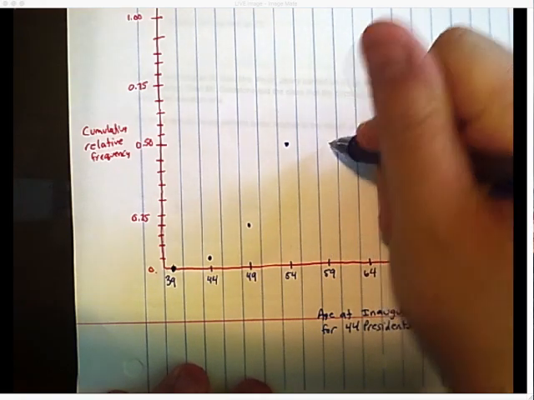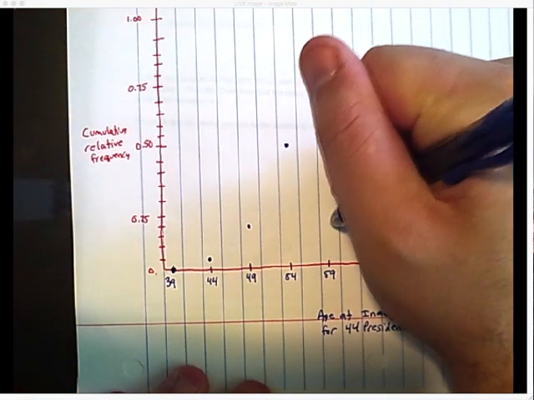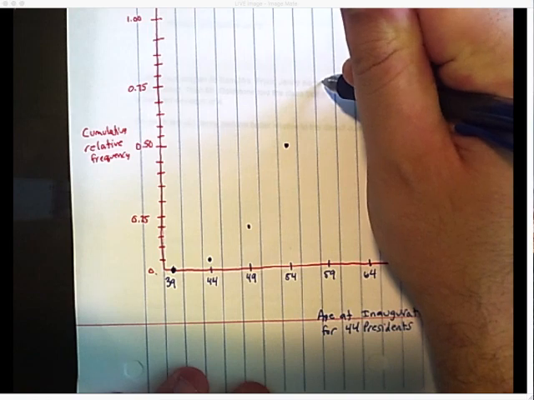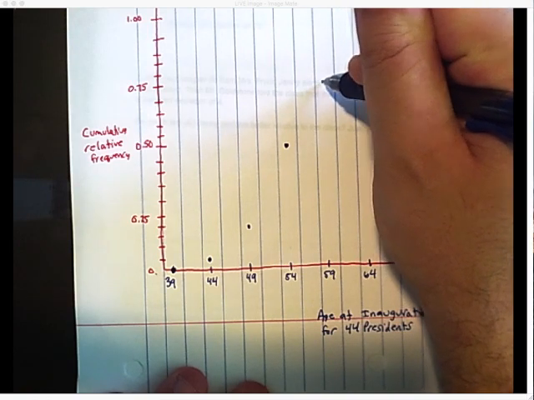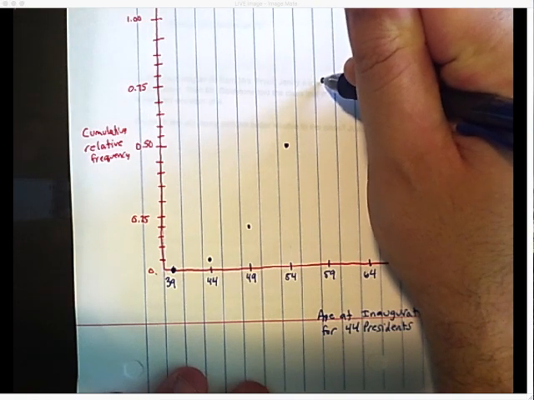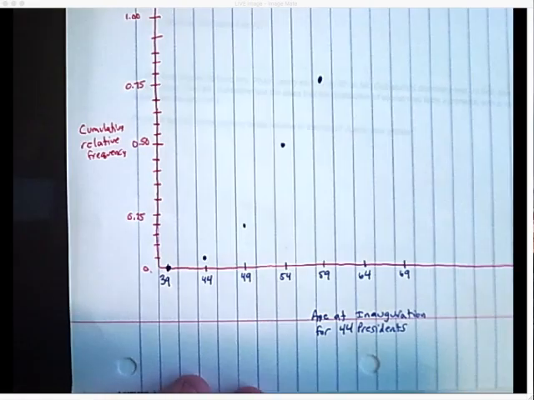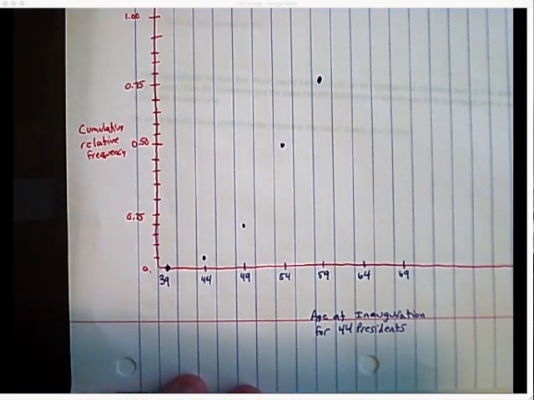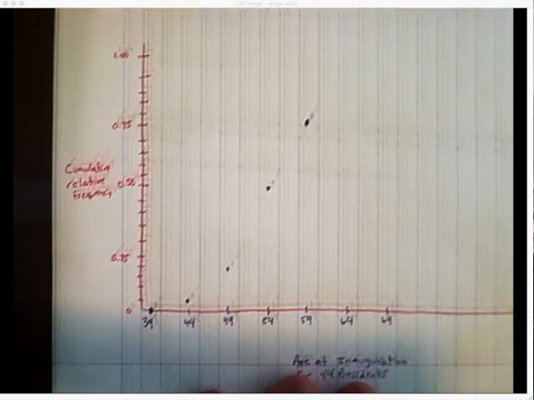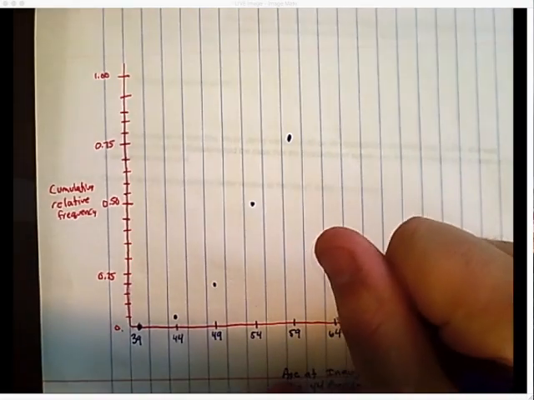So take this up to the 59 up to 75%, and it's somewhere in between 75 and 80, which might be about right there. Right. For 64, 93% of presidents were 64 or younger.